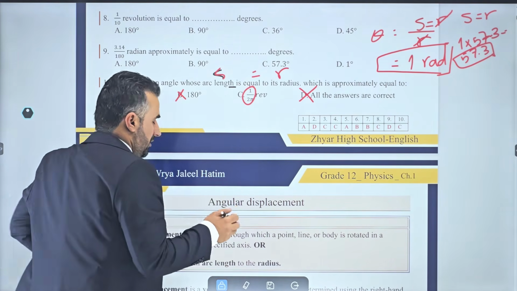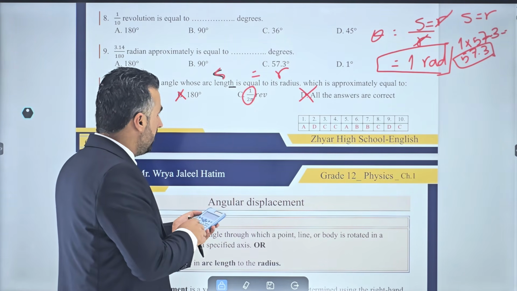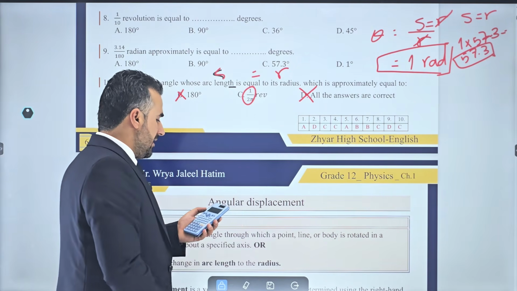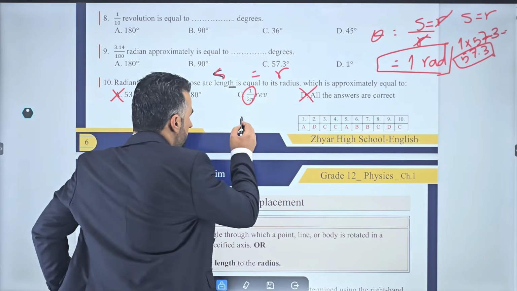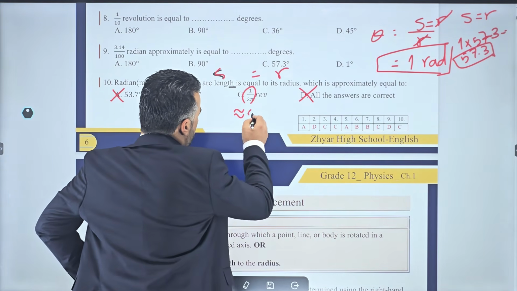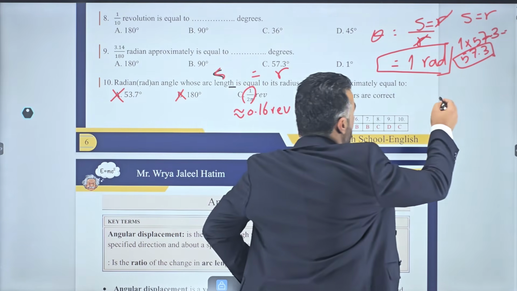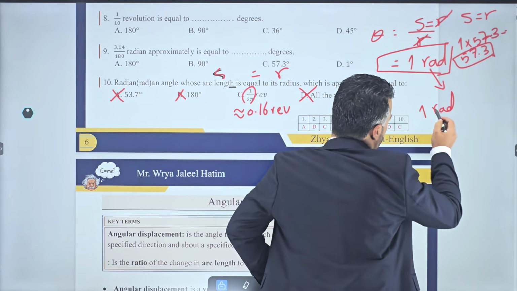So if you convert this one here, let's just do that. That is 1 divided by 2 pi. What exactly is that equal to? That is 0.159, and that is about 0.16 revs here. So now all you have to do is just convert 1 radian to revs here. And how do you do that?